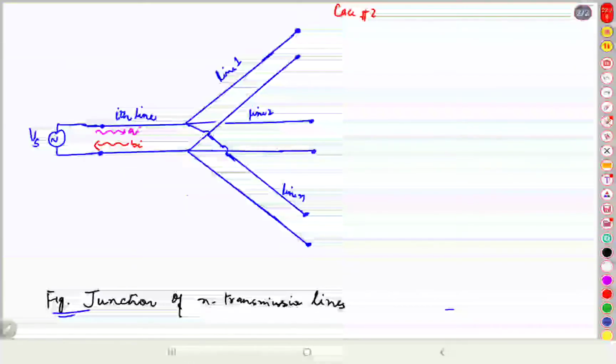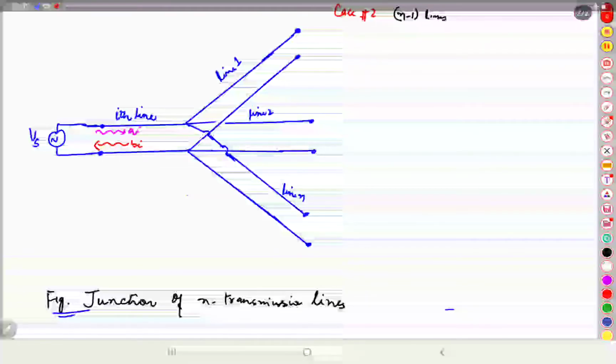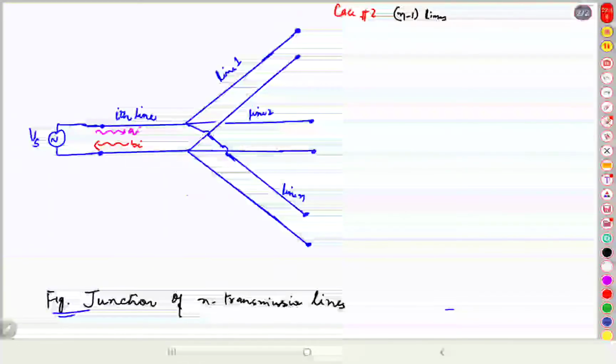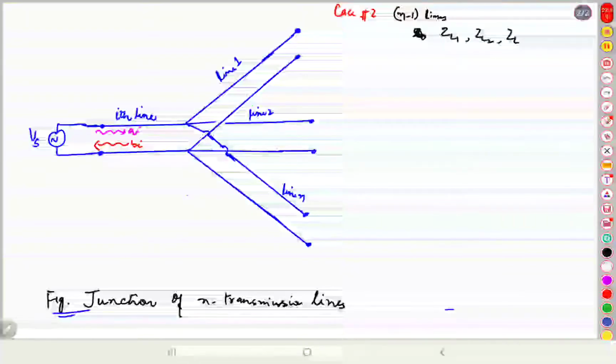In this case, we'll assume that all n lines are terminated on impedances other than Z0. That is, ZL1, the load impedance at port 1, the load impedance at port 2, the load impedance at port 3, and so on up to the load impedance at the nth port.